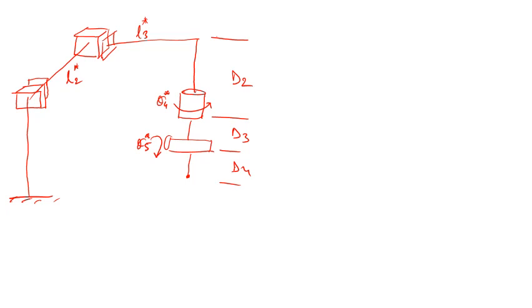We can assign the frames with different colors so that it is clearer. So I choose the first Z0 as this, and X0, and then this is the Y0.